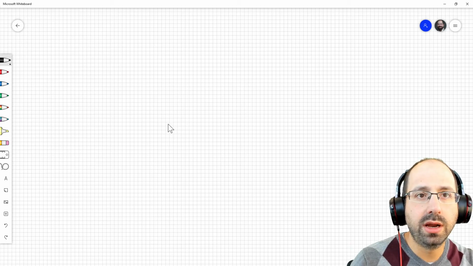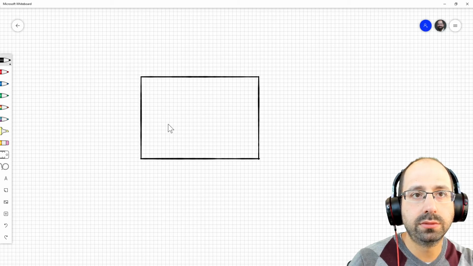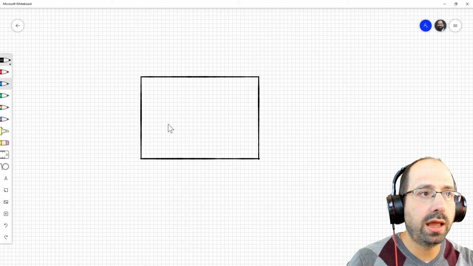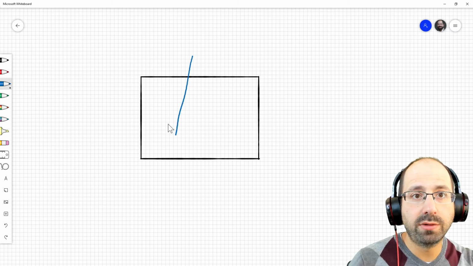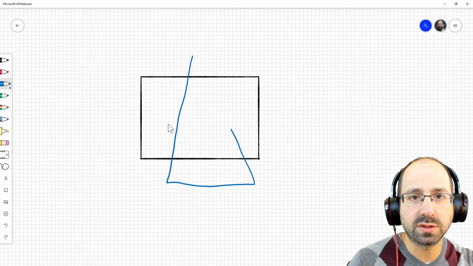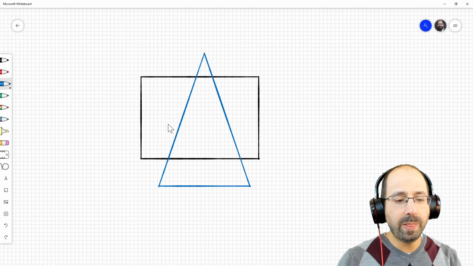See what I can do here. If this is our window, looks sufficiently windowy, and this is our triangle that we're specifying. Nothing's stopping you in the application from specifying any triangle you want. There we go. That's a triangle.